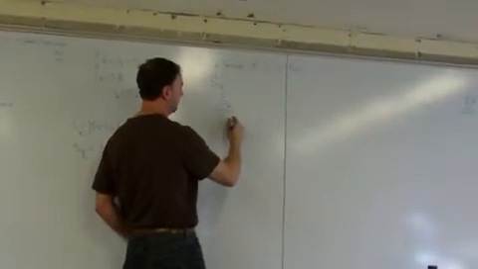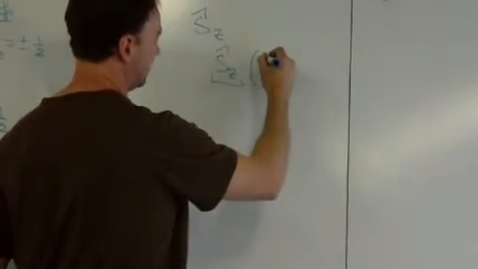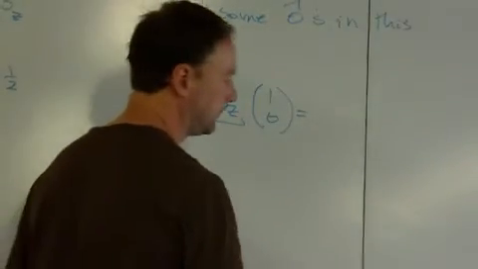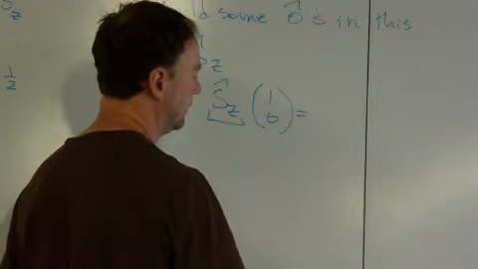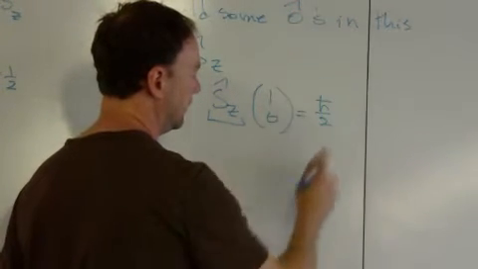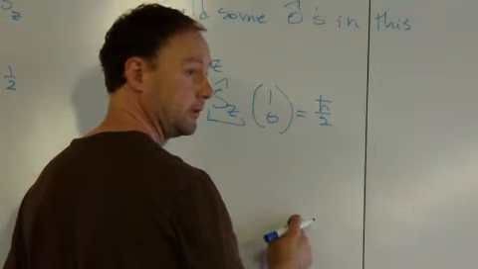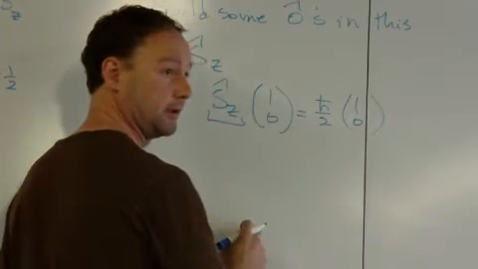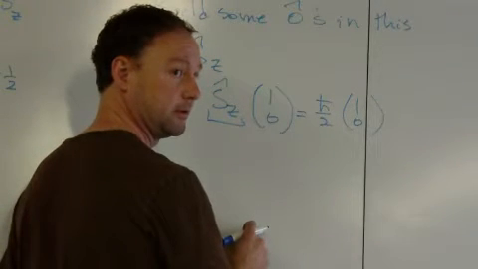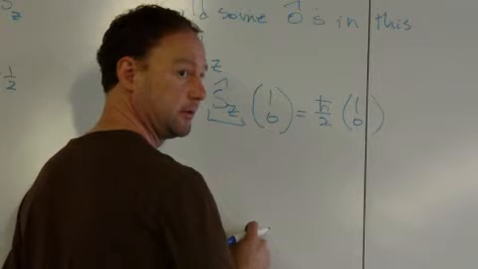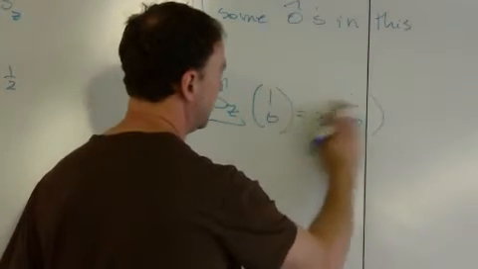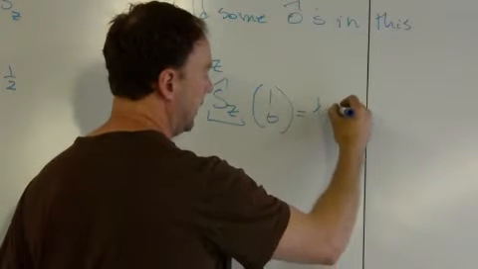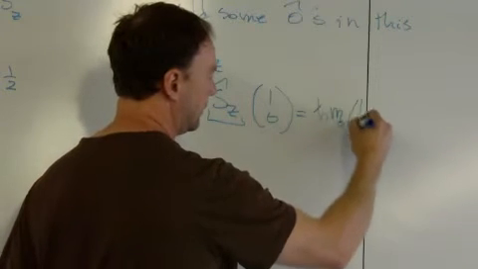Sz on an up, so an up would be (1, 0), has to equal ħ times m_s (1, 0).